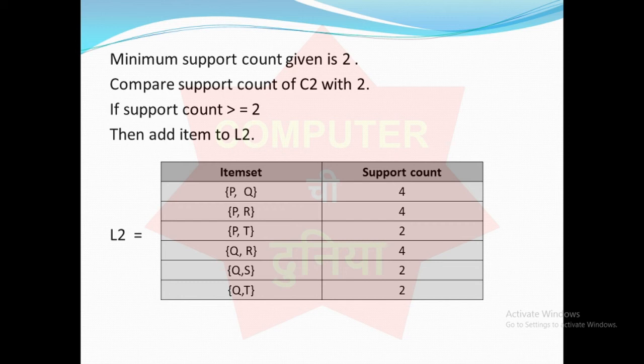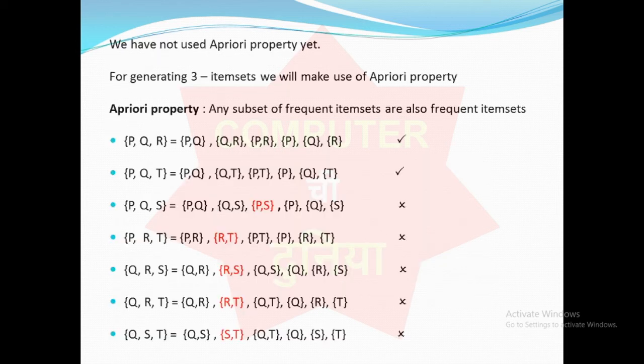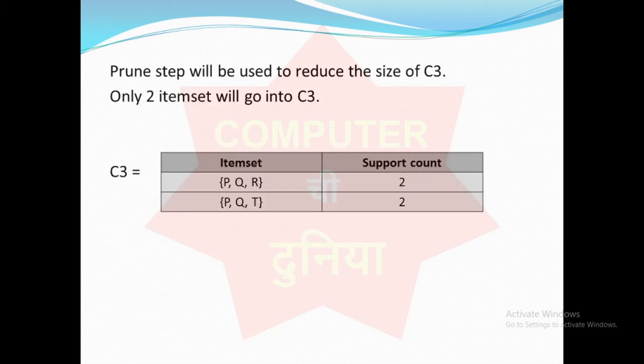It means PS is not a frequent item set. Hence, PQS is rejected. Similarly, all the other item sets have one subset which is not a frequent item set. Hence, all those are also rejected. After applying the Apriori property, in C3 we get only 2 item sets, PQR and PQT.